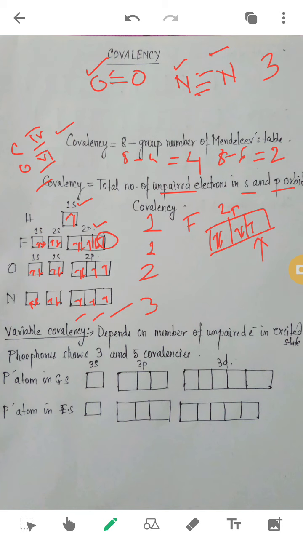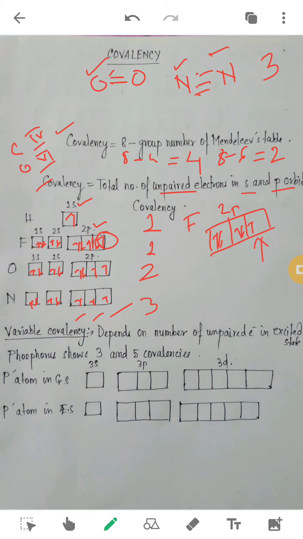Now let us go for some other cases where you will be seeing variable covalencies. This arises only for elements like phosphorus, sulfur, chlorine and others, where there are free d orbitals already present.